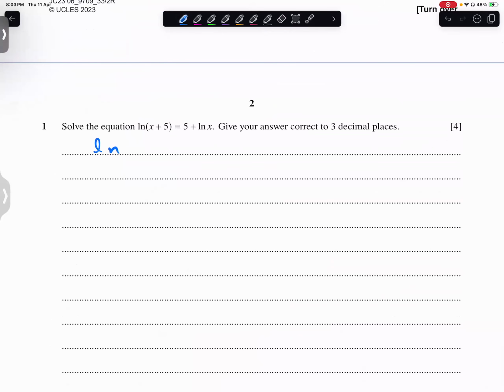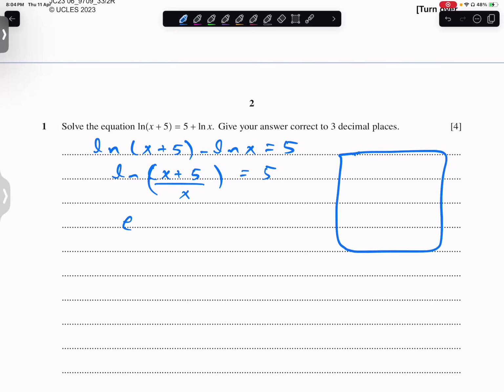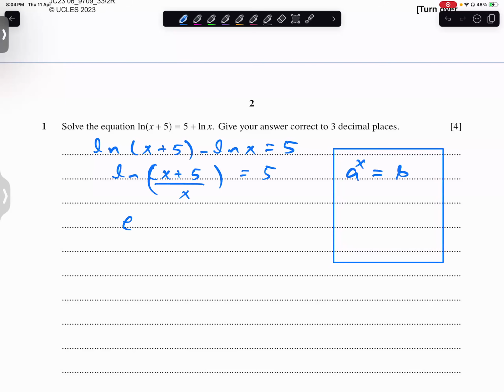So apply the properties of ln, bring all the natural log on one side, and then natural log of (x + 5) divided by x is equal to 5. Convert this natural log into exponential form using this formula. This is the formula: a raised to power x is equal to b.